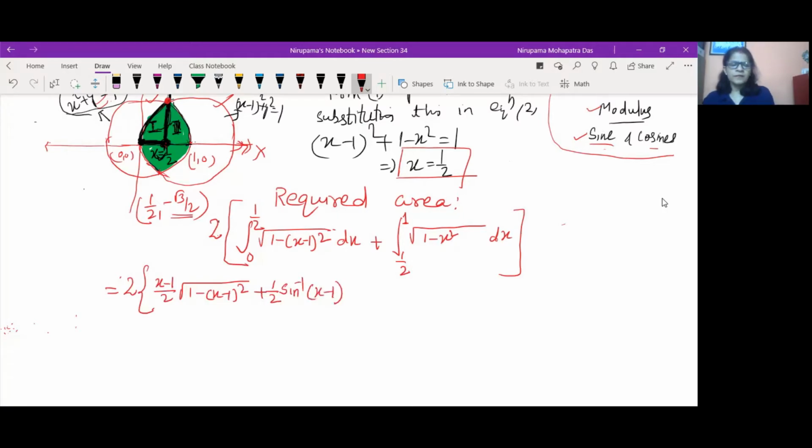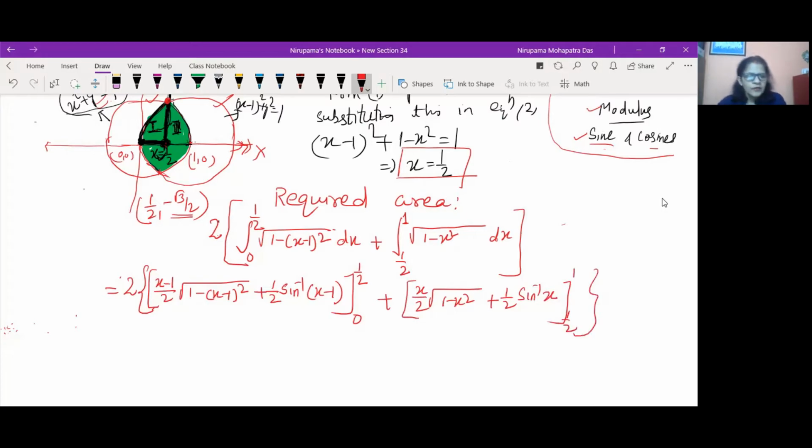That is the first one, limit from 0 to 1 by 2. Plus this one is x by 2 under root 1 minus x square plus 1 by 2 sine inverse of x by a, which is x here, limit from 1 by 2 to 1. That's it.